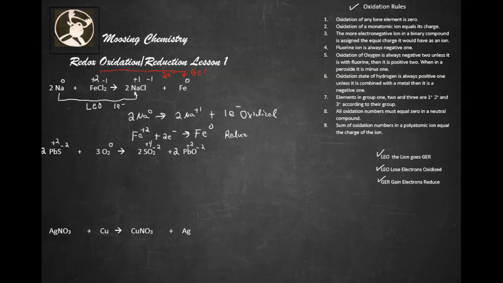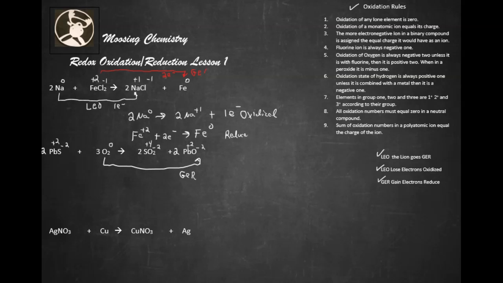Okay, so let's see here. We're going to write this down first. So our oxygen's going to go from 0 actually, and it's going to become a -2. Okay, so this is going to gain electrons. This is the grr.